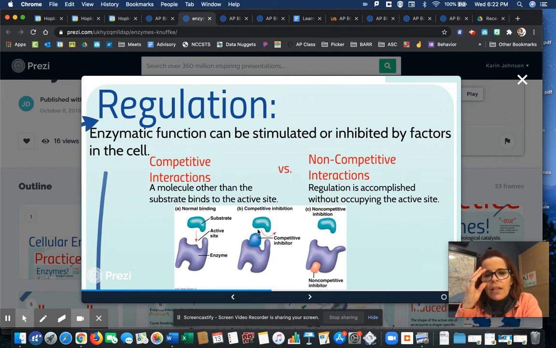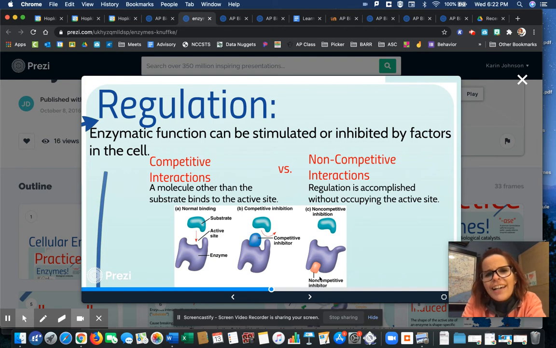Non-competitive inhibition also slows down the rate of the reaction, but in this case, remember, try to pull all this stuff together. This is from the biochemistry unit. Remember that proteins have all kinds of levels of structure: primary, secondary, tertiary, and quaternary. Just a quick reminder, primary structure is all the amino acids put together. Secondary structure is the alpha helices and the beta pleated sheets and the hydrogen bonds that occur between them.